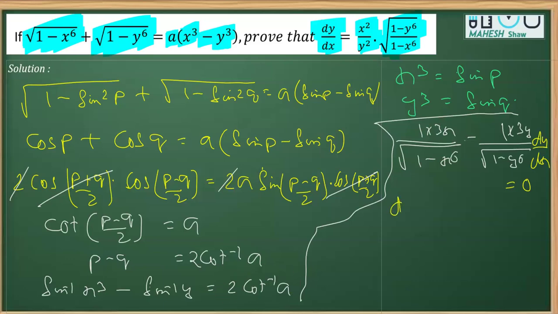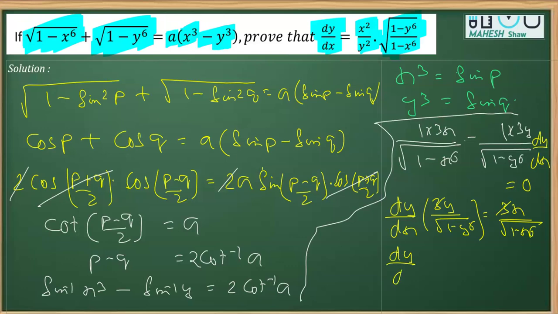Now, if I isolate dy/dx on the other side, let's write it in the first place, and then I'll simplify in the next step. On transposing this to the other side, we are getting 3x² over √(1 − x^6), and 3 and 3 get cancelled.